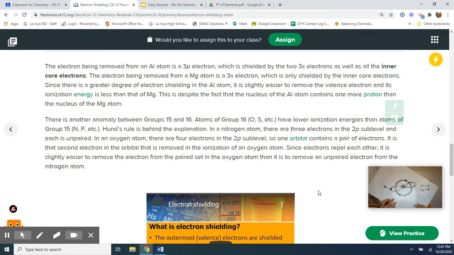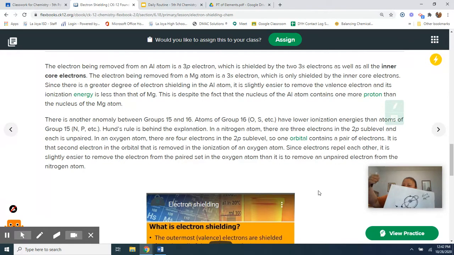So this s orbital will block the nucleus so that we can get rid of this electron. So ionization energy for group 13 is going to be lower.